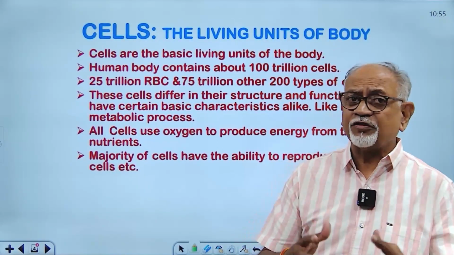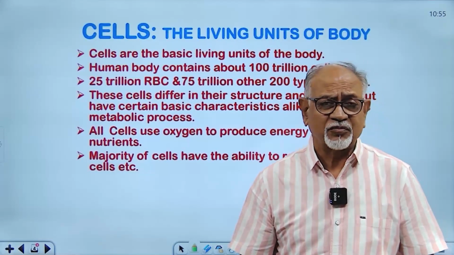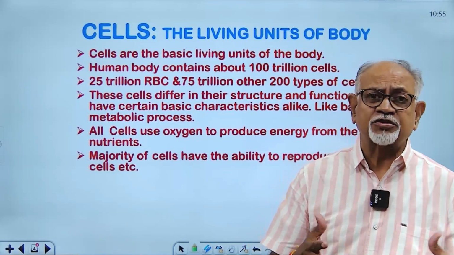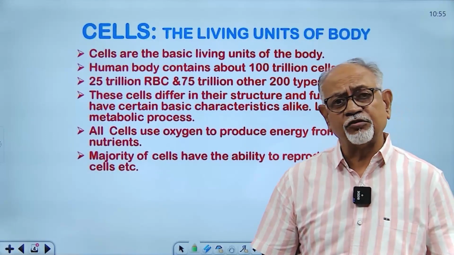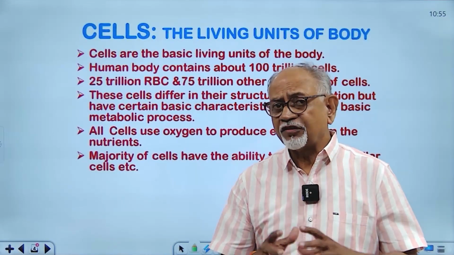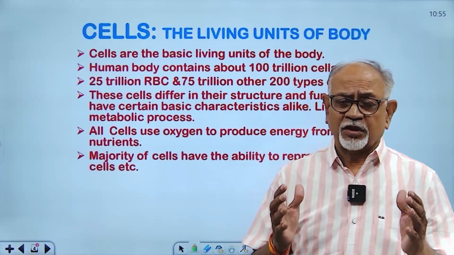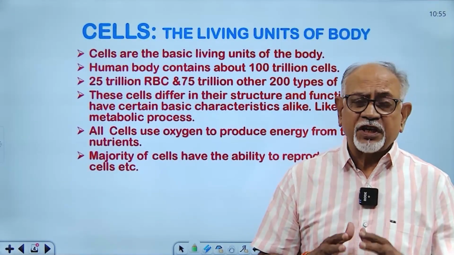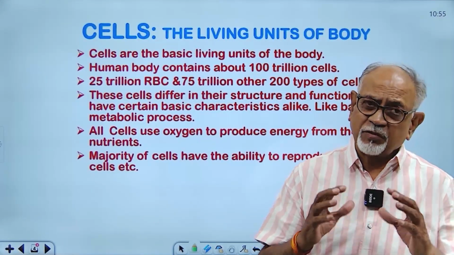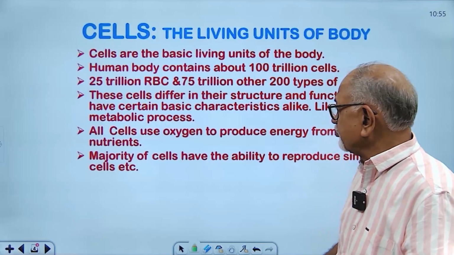But all the cells have some similarities. All the cells use oxygen for combustion of nutrients to produce energy. All the cells use glucose for production of energy. All the cells are present in an extracellular environment which is similar throughout the body.